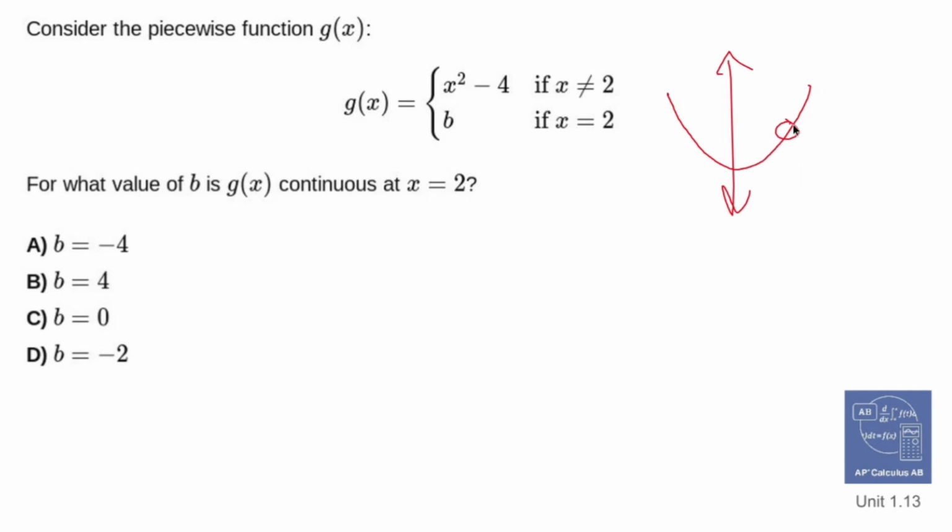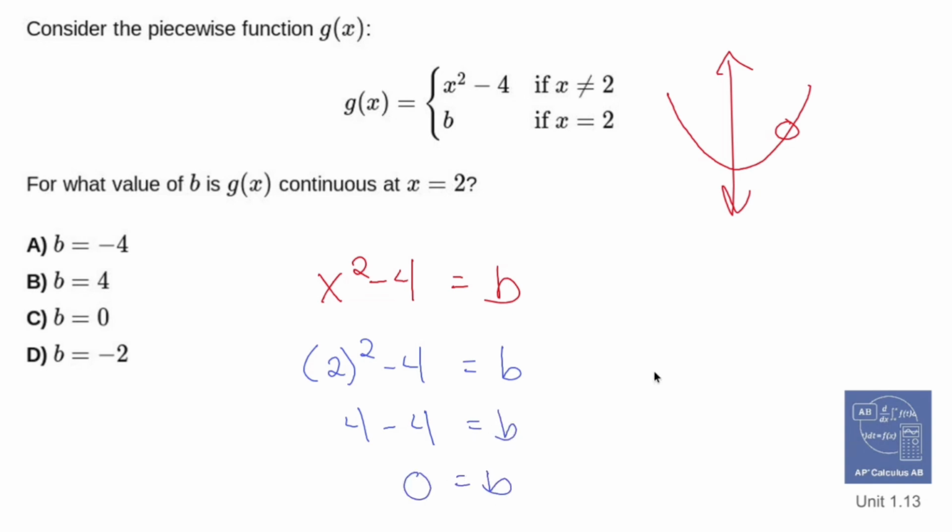Well, basically, I need to make sure that whatever b is, it fills in that spot right there. So let's set these guys equal to each other and plug in 2 for x. So we have x squared minus 4 equals b. Let's replace that x with 2, so we get 2 squared minus 4 equals b. 2 squared is 4, 4 minus 4 equals b. 0 is b, b is 0.